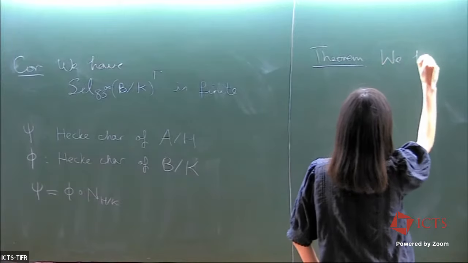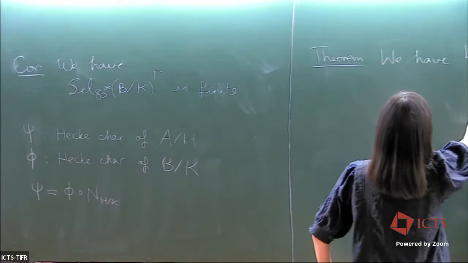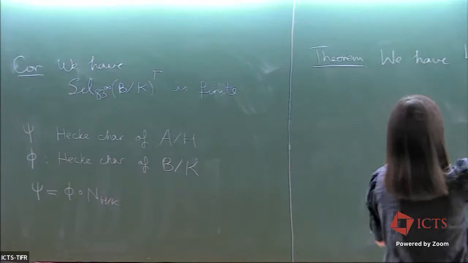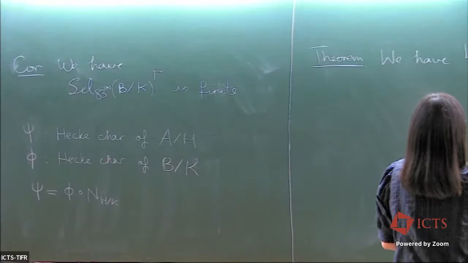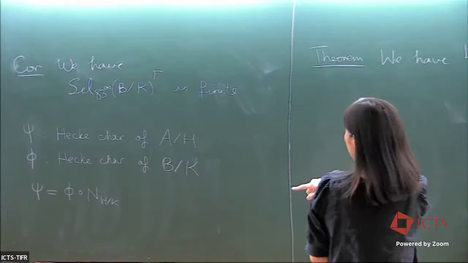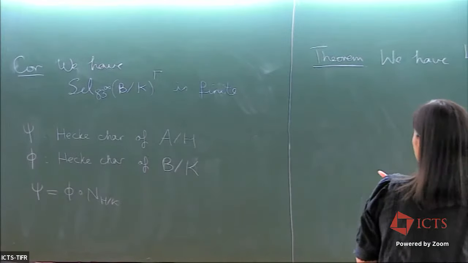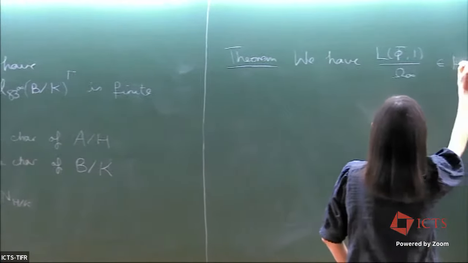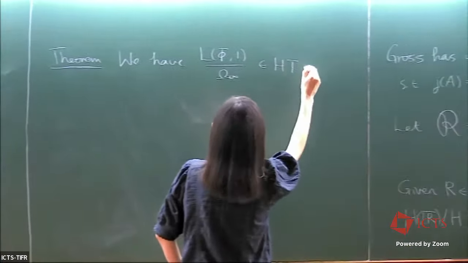We have this Hecke L value divided by a complex period coming from the elliptic curve A over H, its Néron differential. This lives in the field, the compositum HT.